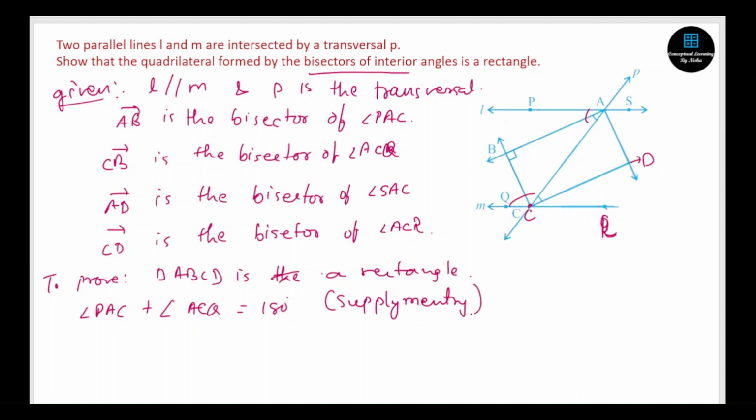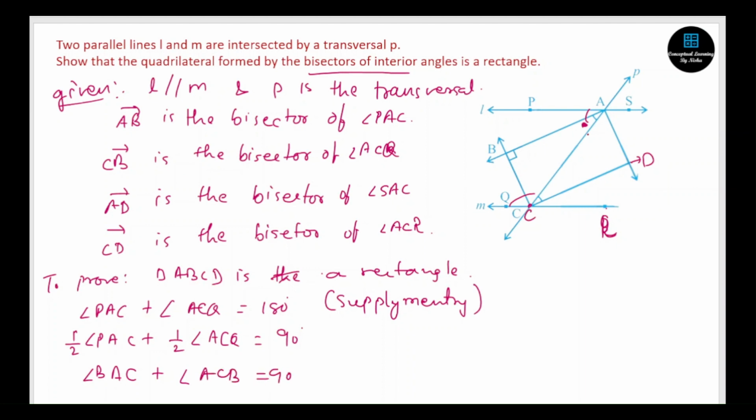Now half of them: half of angle PAC plus half of angle ACQ equals 90 degrees. I am dividing all of them by 2. Now half of PAC, I am interested in this angle, so what can I say? Angle BAC plus angle ACB equals 90.